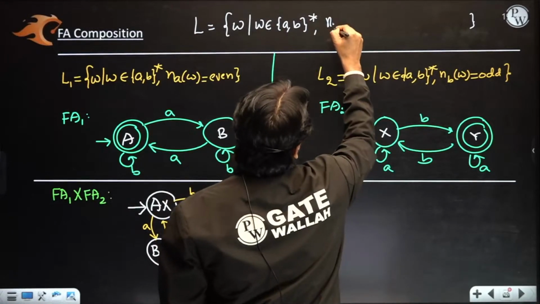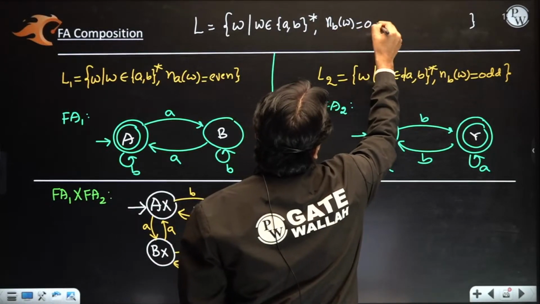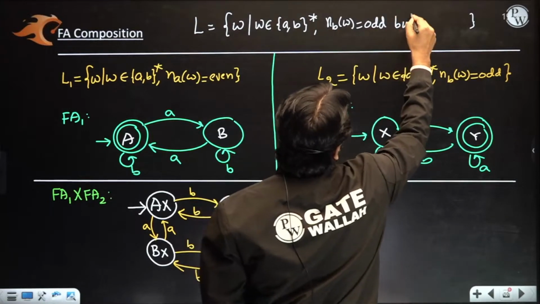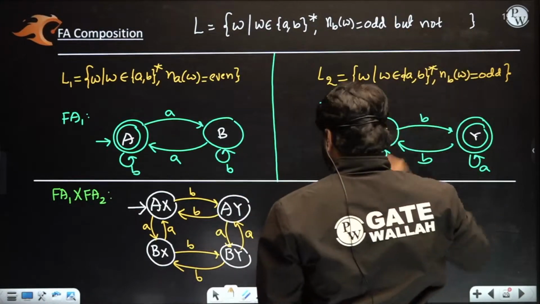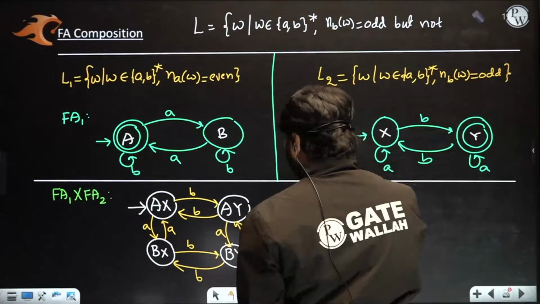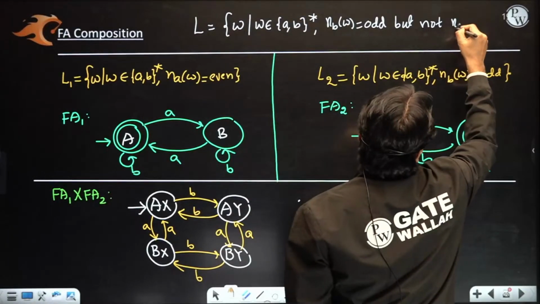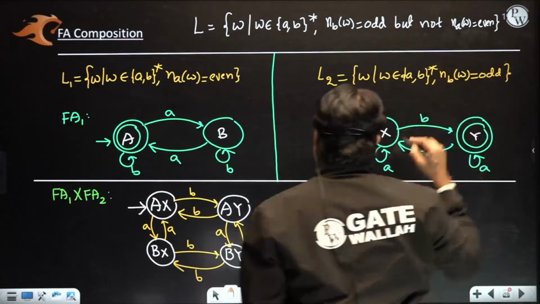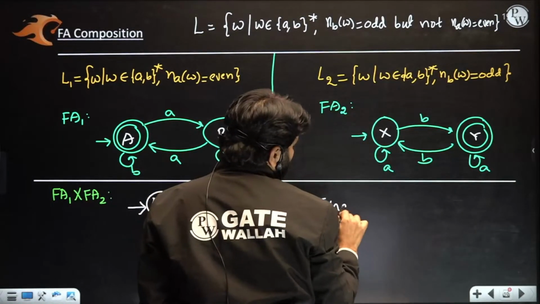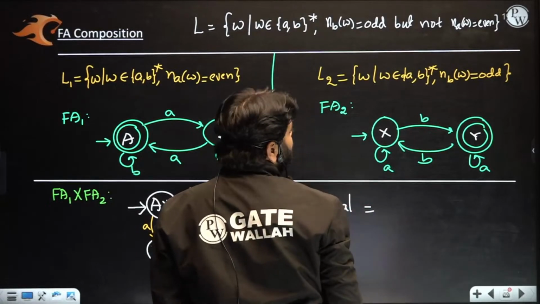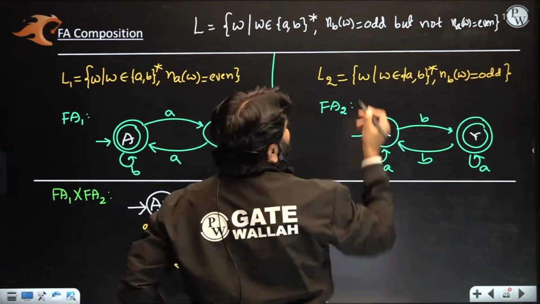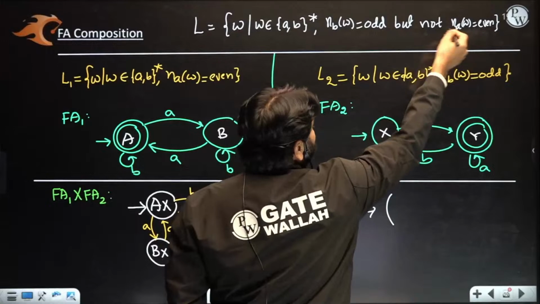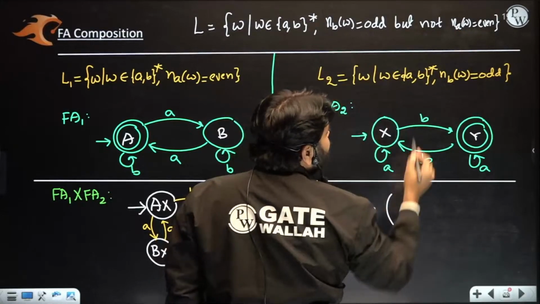Here let's say number of B's of W is equal to odd you want, but you don't want number of A's to be even. Then how do you make the final? Now who is the final? The final combination is, this is the first component, right? Number of A's is the first machine. So there you don't want it.